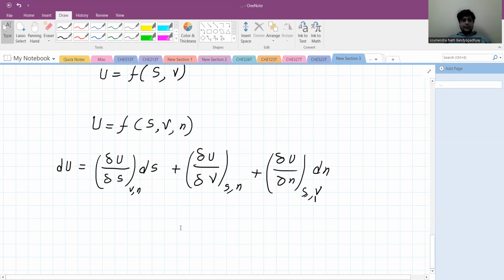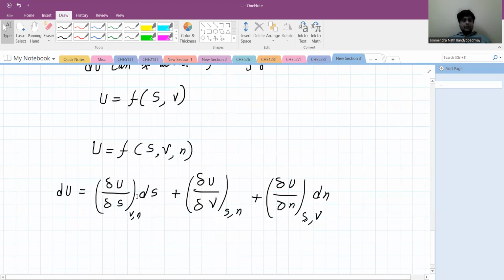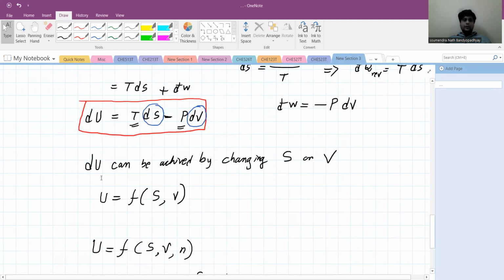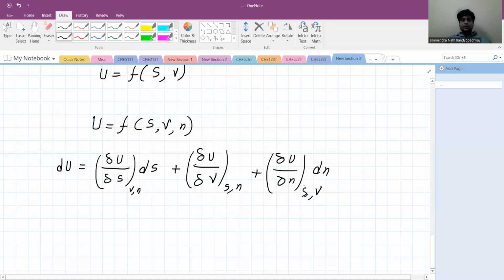So if you see, the first term is associated with dS, and dS is multiplied by del U del S at constant V and N. Compare this equation with this equation. Let me say this is equation number 1 and that is equation number 2.